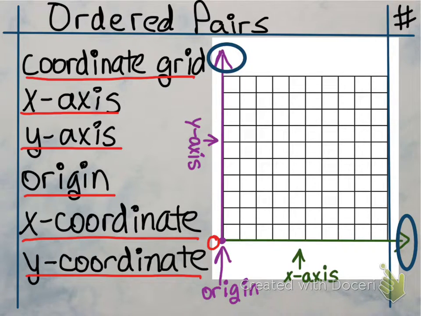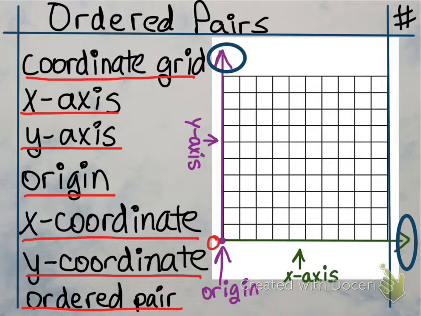The origin is where the x and y axis intersect, and it is where both x and y have a value of 0 on our coordinate plane. One term that I forgot to add is the term ordered pair. We use an ordered pair to name a point on our coordinate plane.